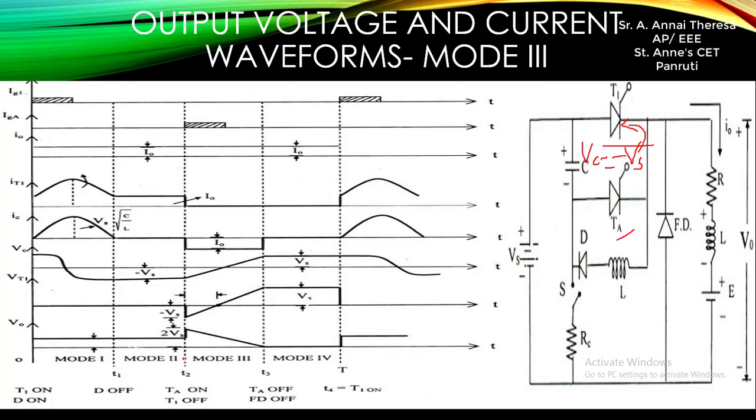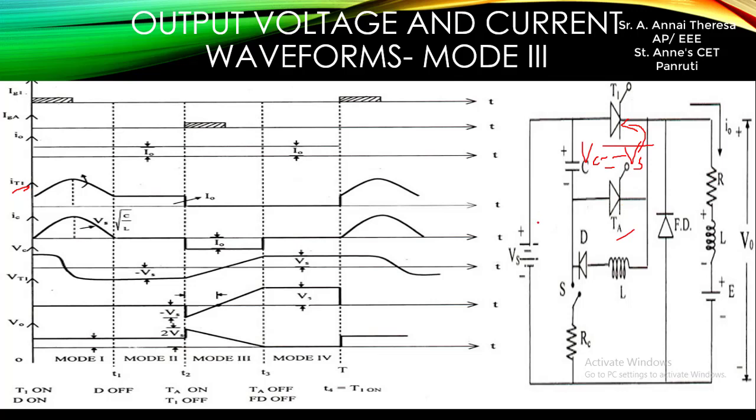In this mode 3, because we have turned off thyristor T1, the current through thyristor 1 is 0 now. After T1 is turned off, the capacitor and TA provide the path for the load current.